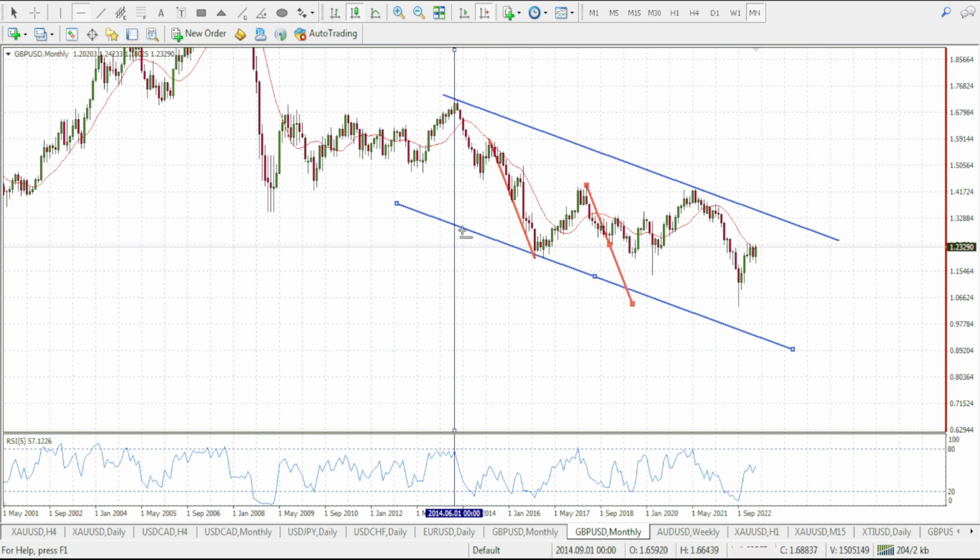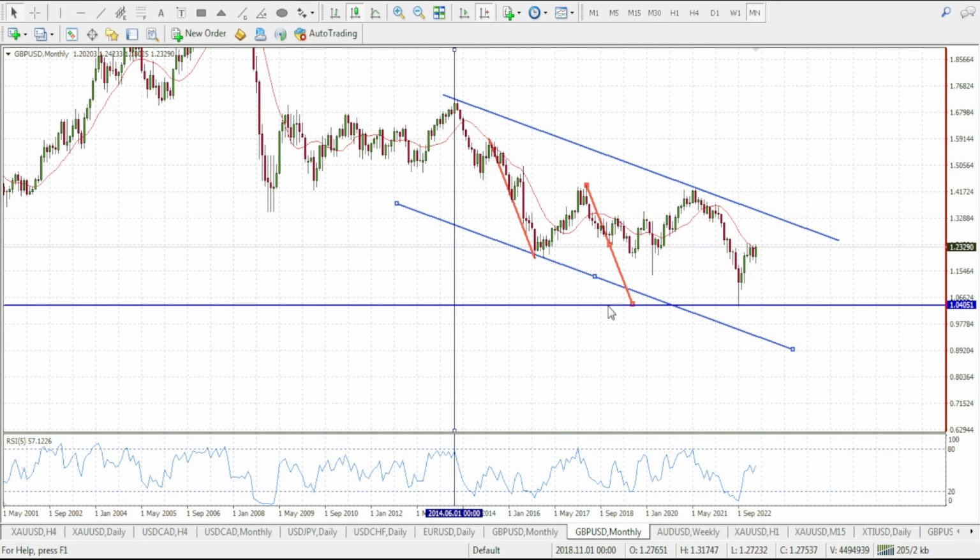Well, this one, if we see, just have a look at this pattern. So what just happened on the pound dollar was this. See, a very nice ABCD pattern completion.